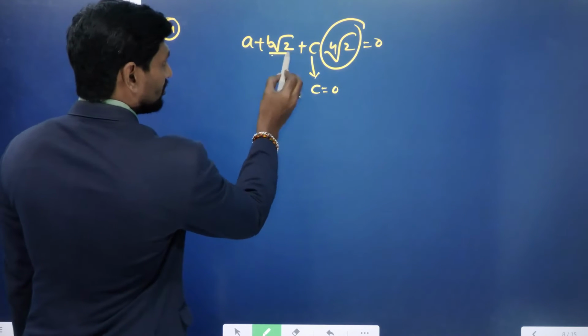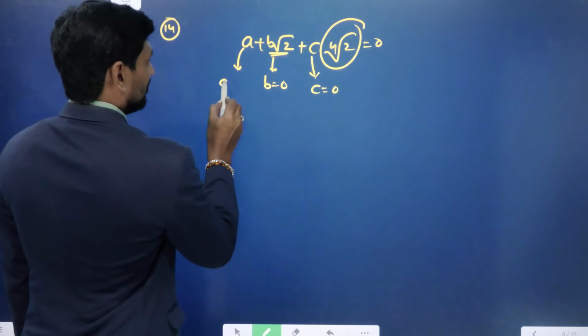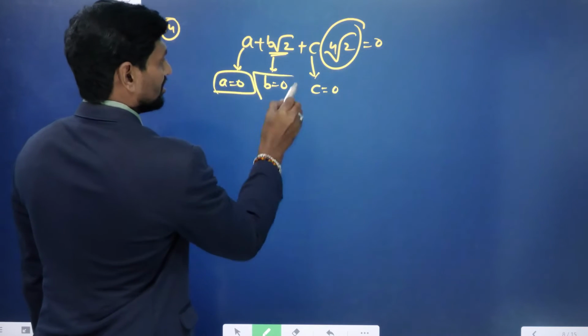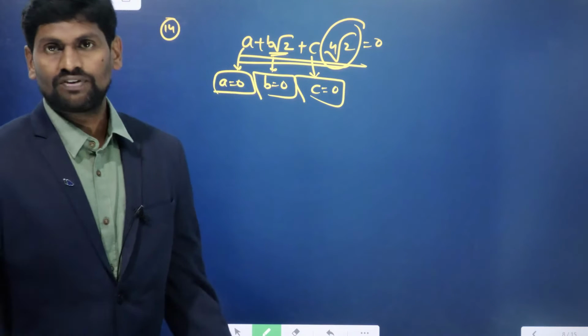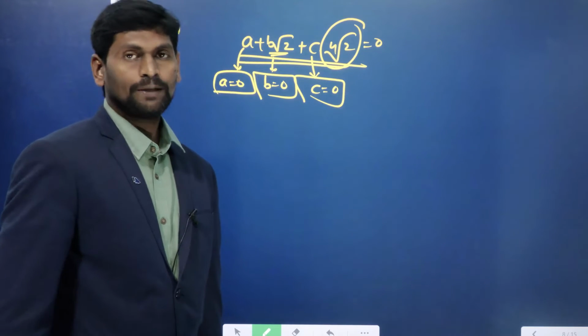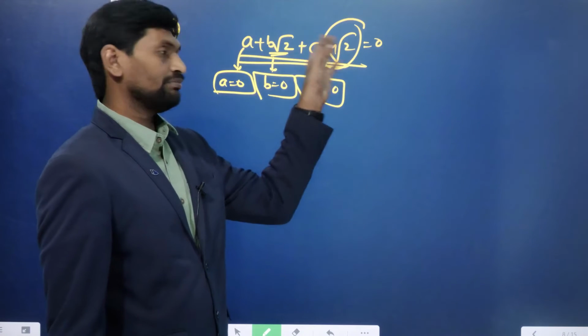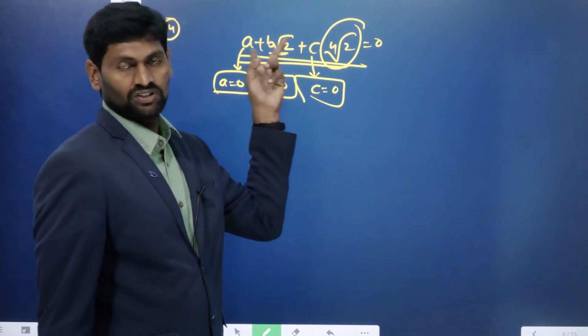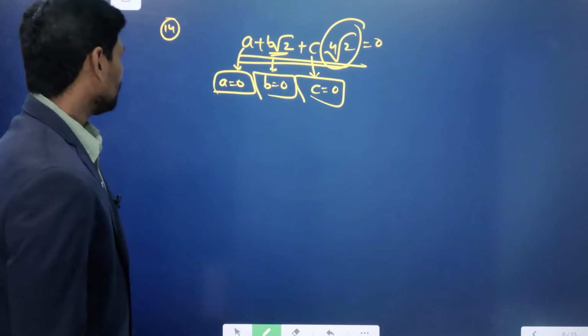The root 2 term should also become 0, meaning the B value is 0. And A must be 0. Then if A, B, C are zeros, the sum of these three numbers becomes 0. Otherwise there is no chance. That is the only option. If A, B, C are zeros, then the entire sum of rational and irrational numbers, rational to surds, becomes 0.